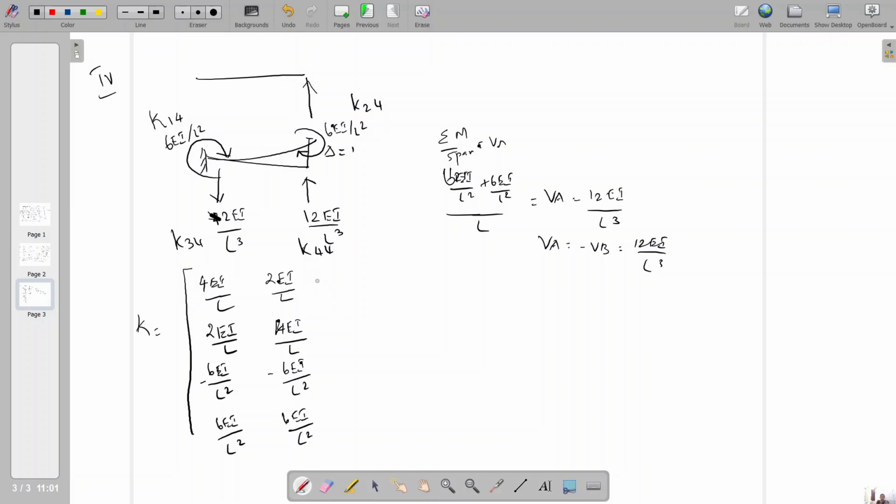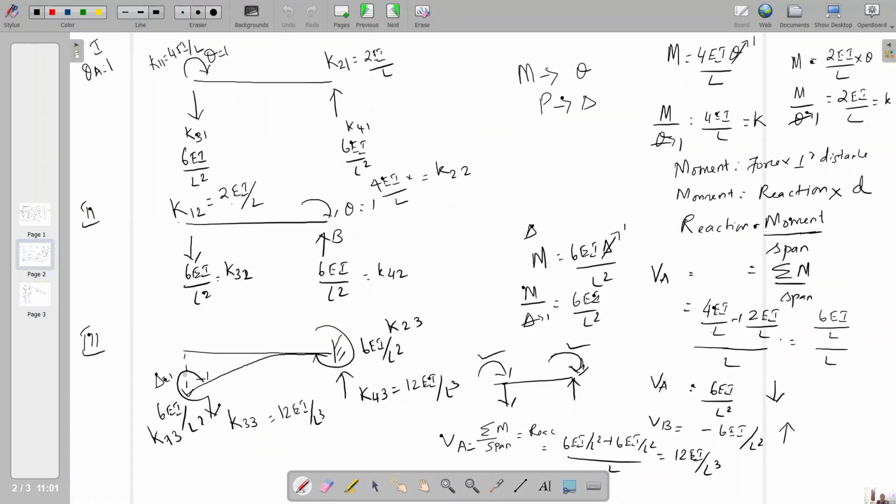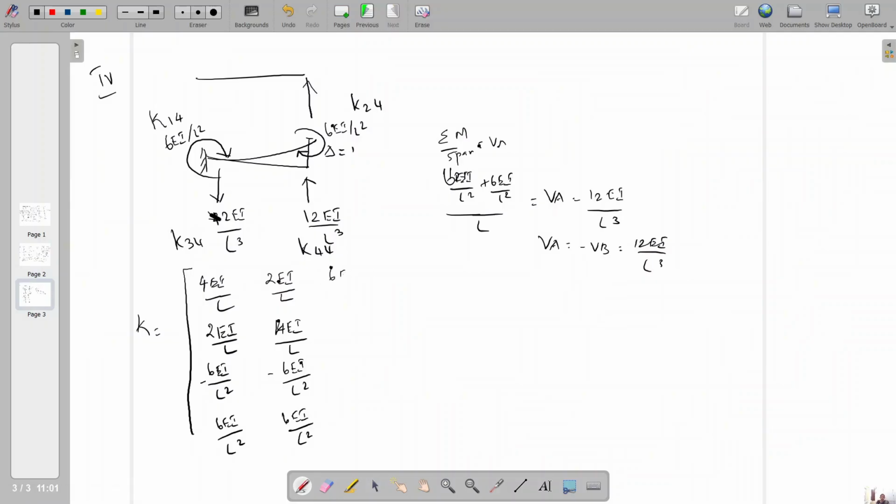Next one, for the third coordinate, you are applying a unit displacement at A, so that you will get the moment 6EI by L square. Both are clockwise, so you consider it a positive quantity, and the reactions are 12EI by L cube. So it is 6EI by L square at A and 6EI by L square at B, and the support reactions are minus 12EI by L cube and plus 12EI by L cube.